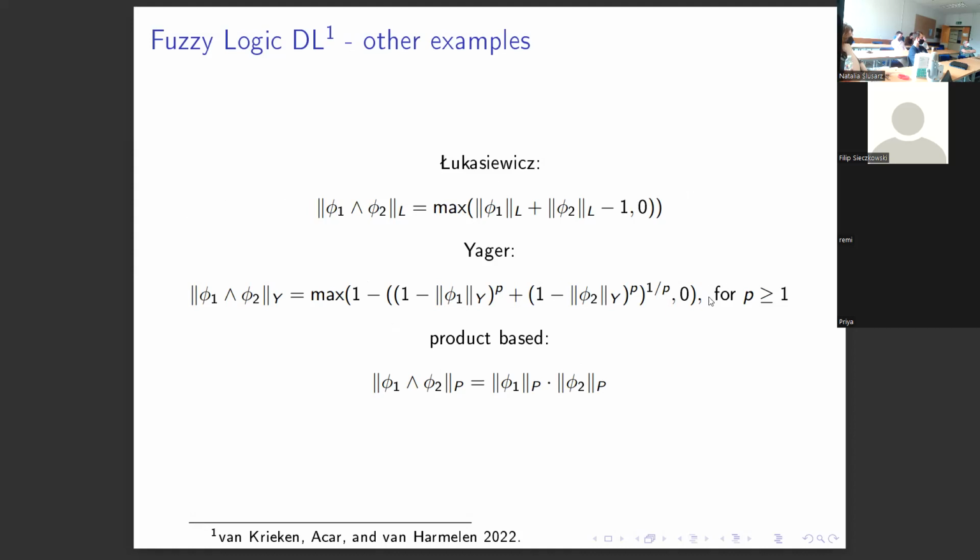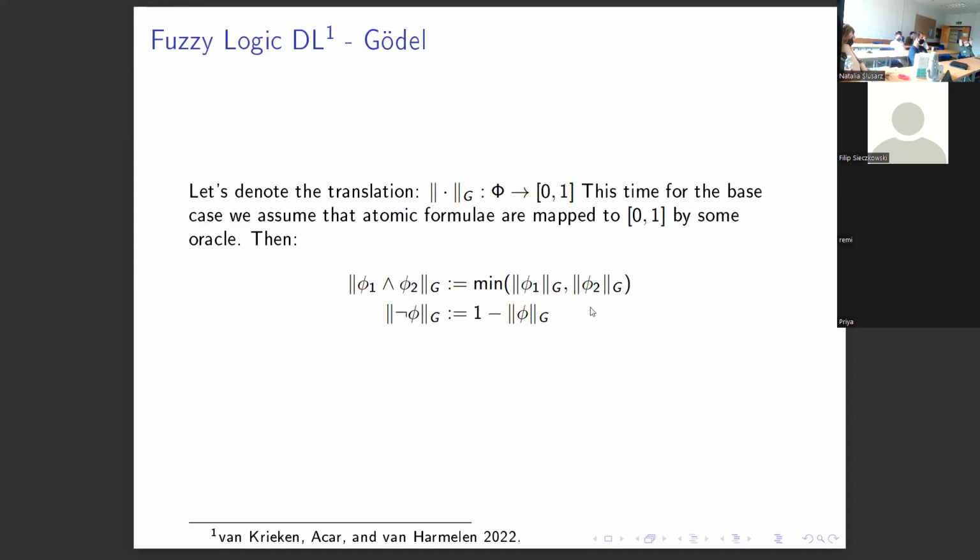We have Yager, which is slightly more complex in that it doesn't look as pretty anymore. But it is still a maximum between this larger term and 0, with p larger than 1. And we have a very simple one that's just product-based. It has conjunction as just multiplication. All of these have the same negation as the previous one. So all of them have the same negation, essentially, and they all map to 0, 1.